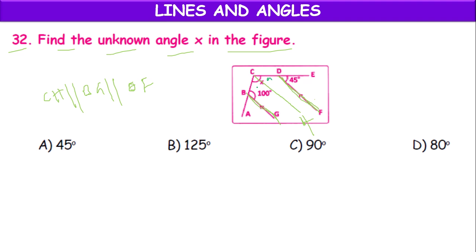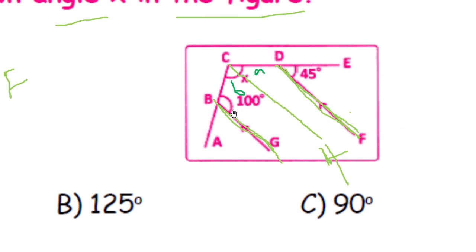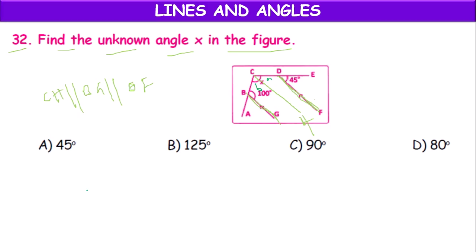Upper part let it be A, below part let it be B. So now this 100 degrees and angle B, they will make co-interior angles whose sum is equal to 180 degrees. 100 plus B equal to 180 degrees. So B value should be 80 degrees. So according to co-interior angles concept, 100 plus B equal to 180 degrees. So B value will be 80 degrees.